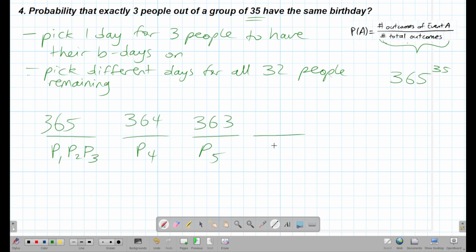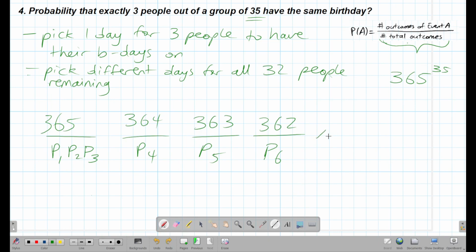And we keep going. So for person 6, it's the same story. This guy can pick any day of the year as long as it doesn't fall on the same day as the people here, the person here, and the person here.